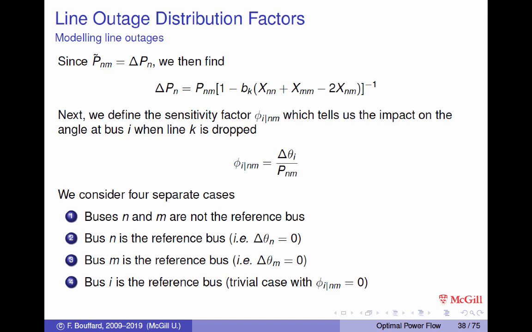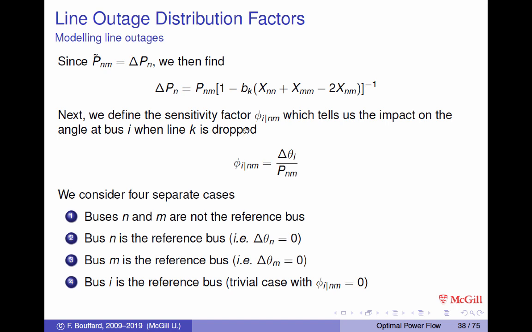So we can uniquely solve for delta PN. And you see here, these only depend on pre-calculated values, all from the X matrix. And here this is the pre-outage flow for this particular line.